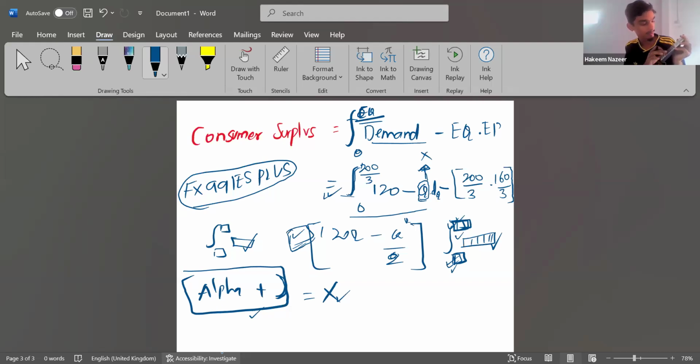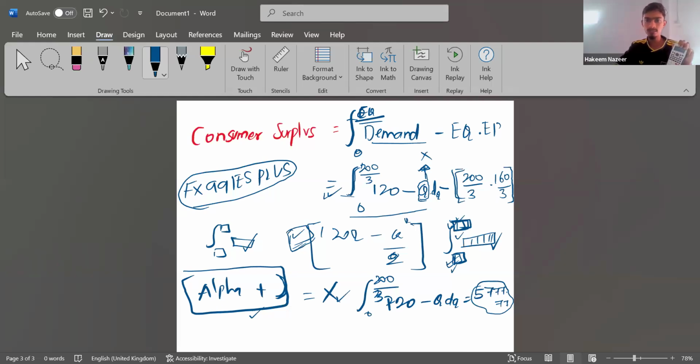Then the answer should be for the definite integral. මේකට answer එන්නේ 120 minus q dq. answer එවිලා තියෙන්නේ 5777.77 මේක. හරිනේ, ඊට පස්සේ මේක total expenditure, we need to deduct the total expenditure.